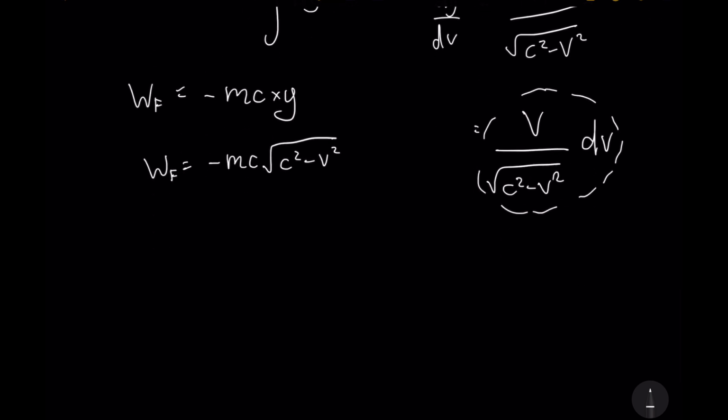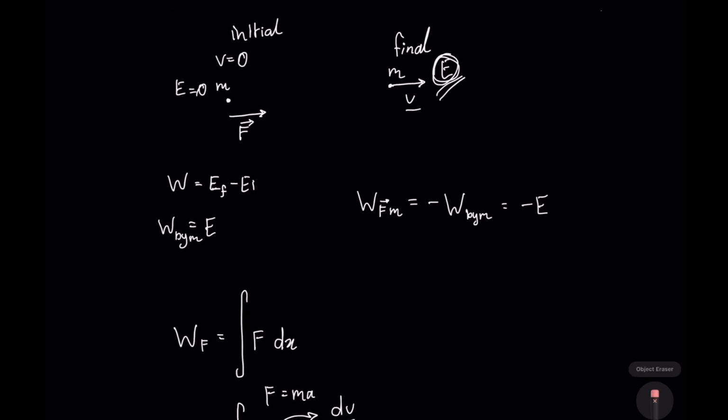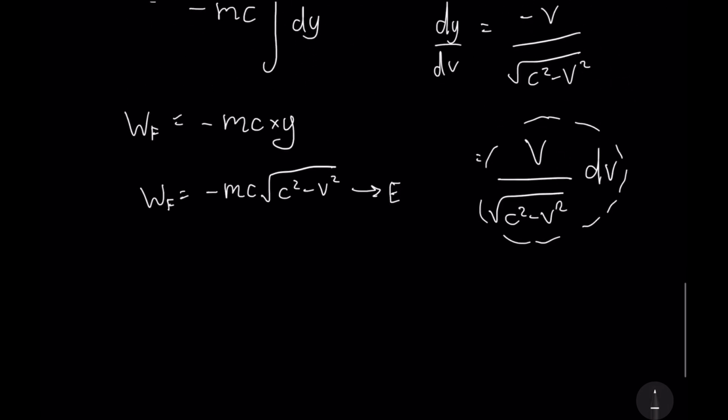Now we need to relate this to the energy of the particle, which we have conveniently done here. Work done by the force on the mass is the negative of the work done by the mass, which is the negative of its energy. So the work done by the force is equal to the negative of the energy of the particle mass.